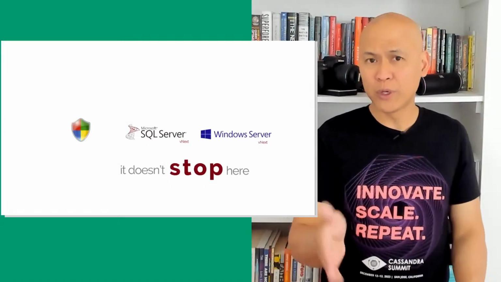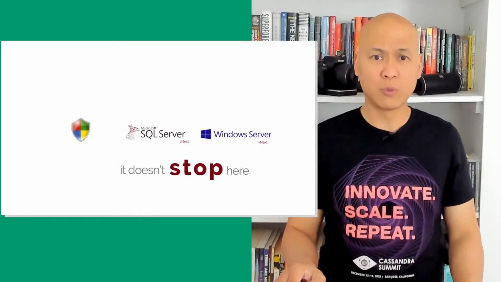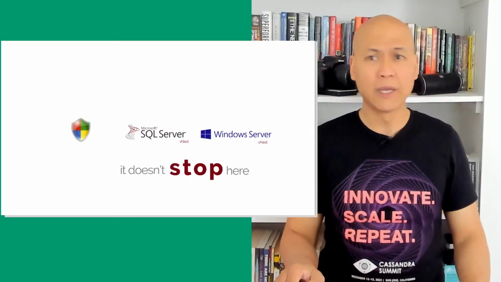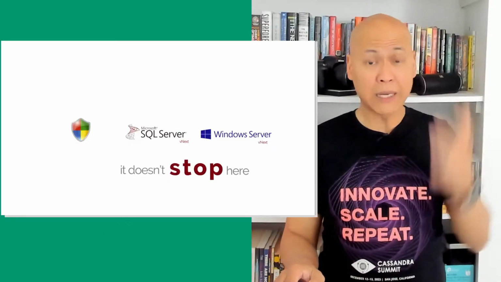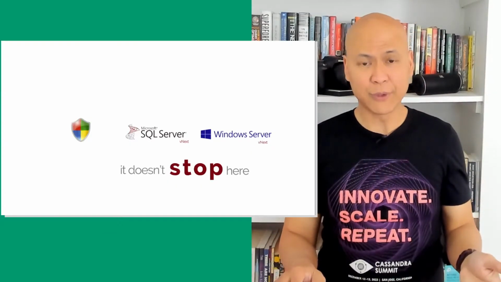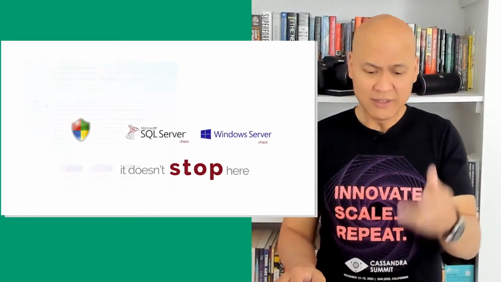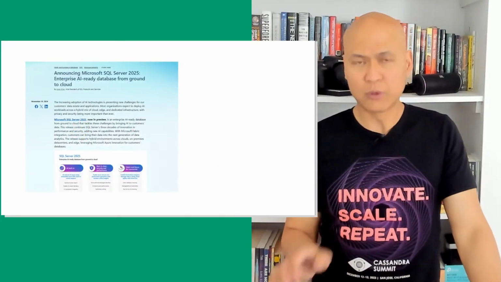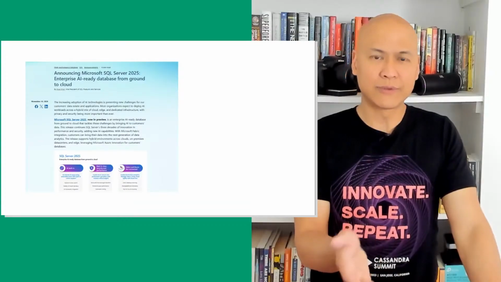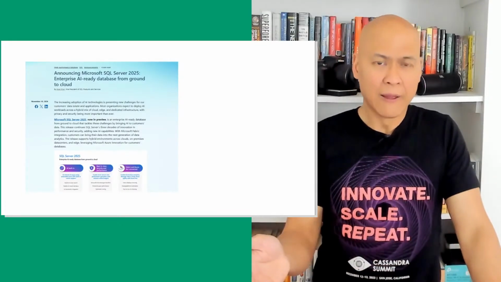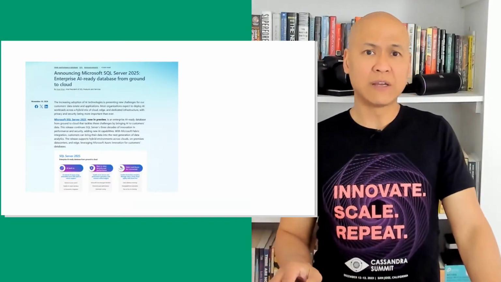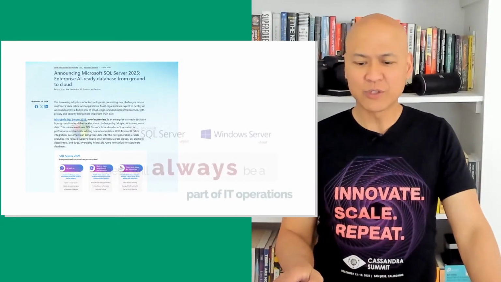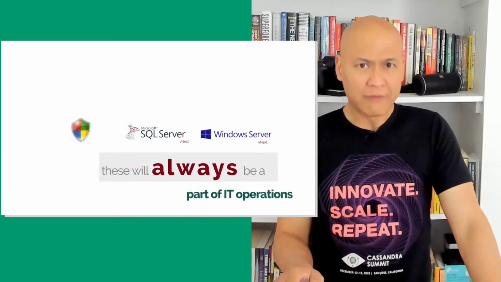It could be your Windows Server vNext for you would be Windows Server 2025. It's already available to the general public. It's in RTM, so that might be vNext for you. Okay. It doesn't stop here. Like I said, Microsoft already made an announcement about SQL Server 2025. It's not generally available yet, but it is coming. It is coming, and so this will always be a part of IT operations.